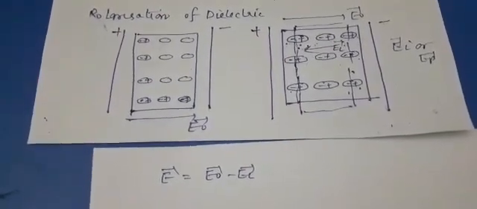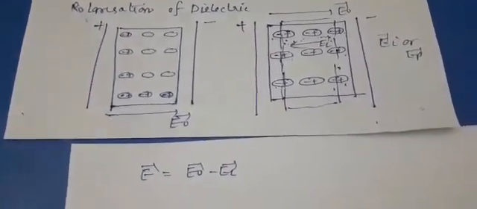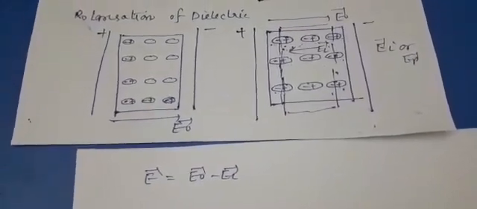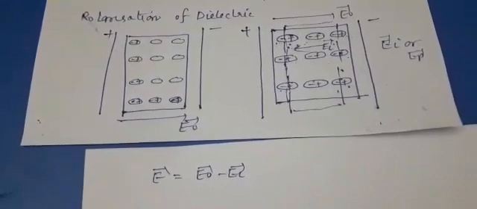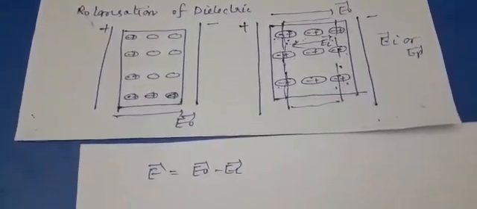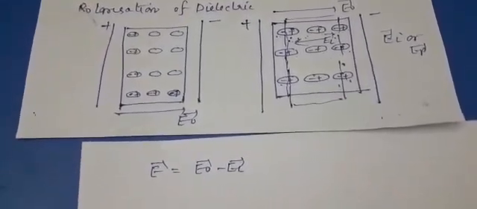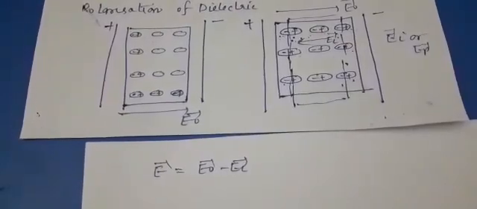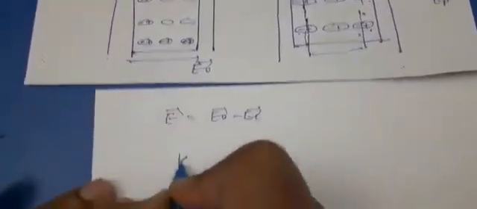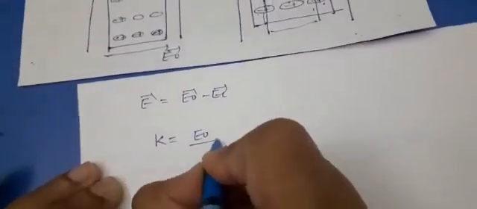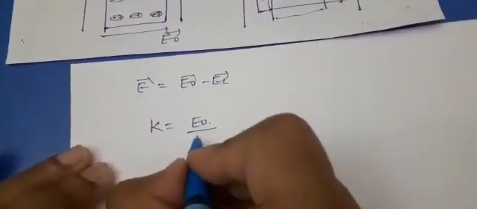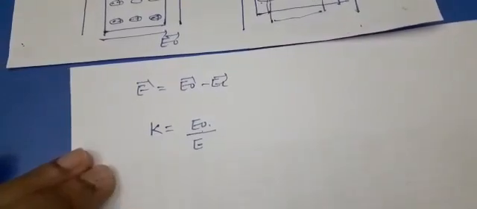In this way, polarization of dielectric takes place. Now, we have already discussed the concept of dielectric constant or relative permittivity. The dielectric constant is defined as the ratio of the original electric field to the reduced value of the field.